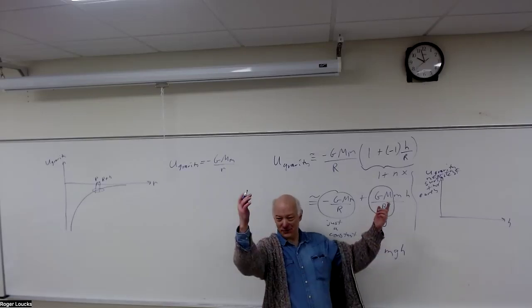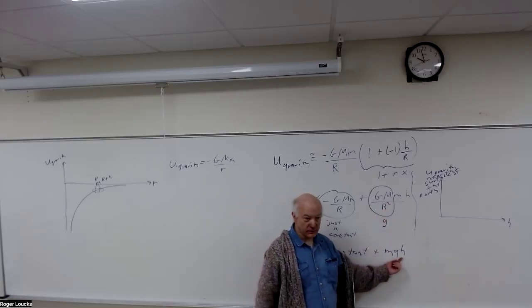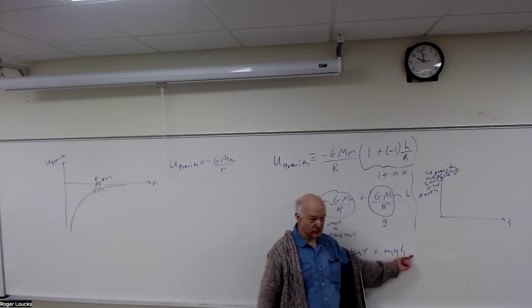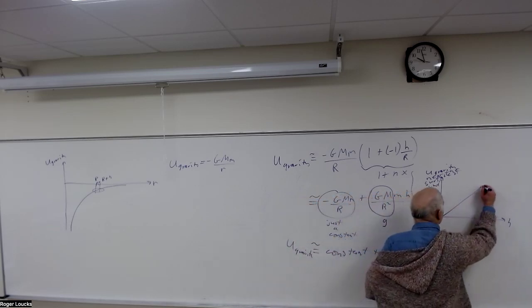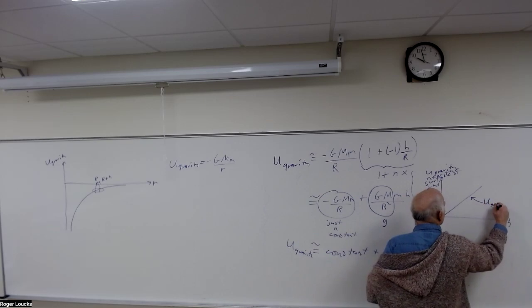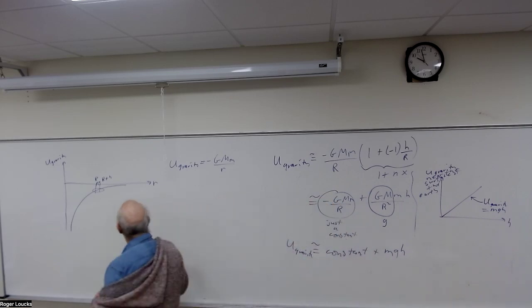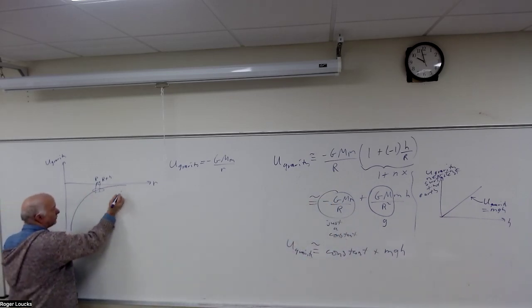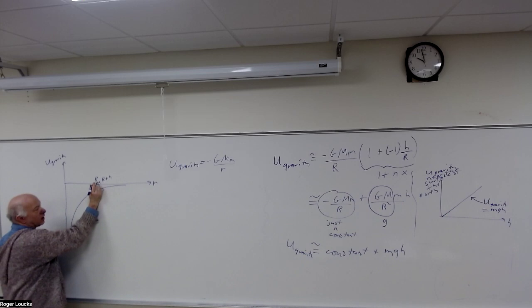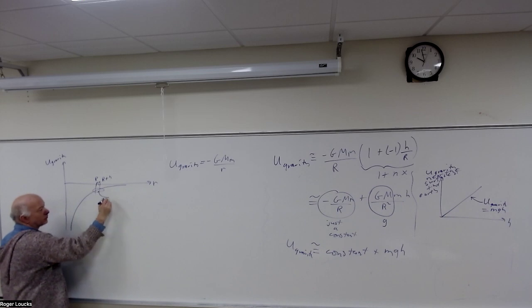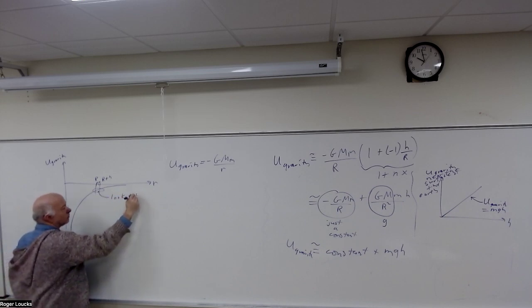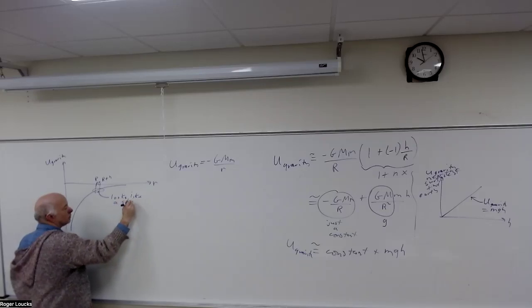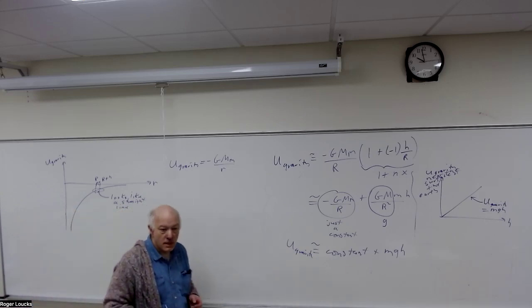Straight line. It's a straight line, right? This is y equals mx plus b. This is your m, this is your x, and your b is 0. So this is going to be a straight line. If you look here, your U gravity looks like this. Here's my surface of the Earth, and this is the distance above it. That little region here looks like a straight line. That's all we've done.